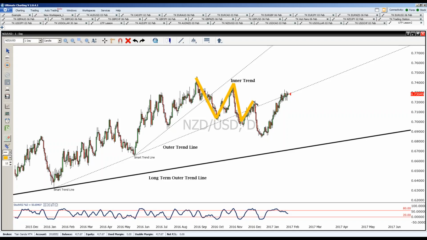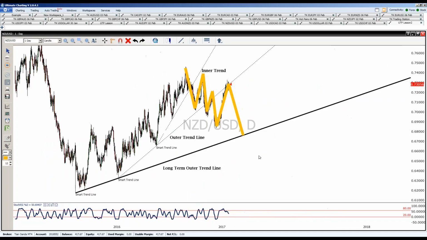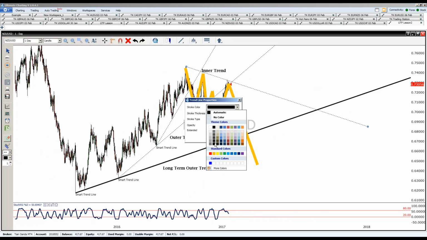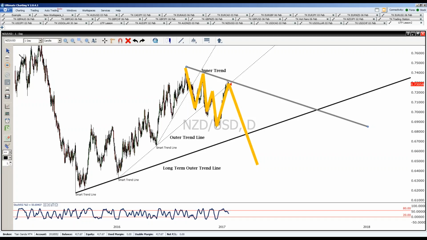There. Breaks the outer trend line, comes back to confirm the break potentially, and then moves to the long-term outer trend line. Okay. If the market should break the long-term outer trend line like that, then this will be your new down long-term outer trend line. Let's change the color of that one. Like that.